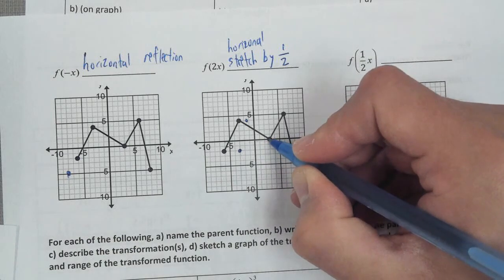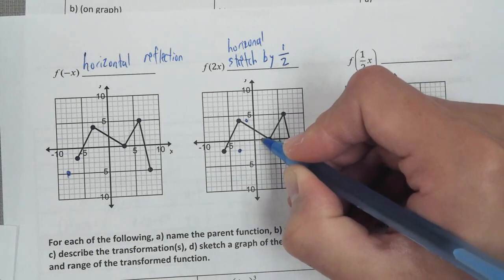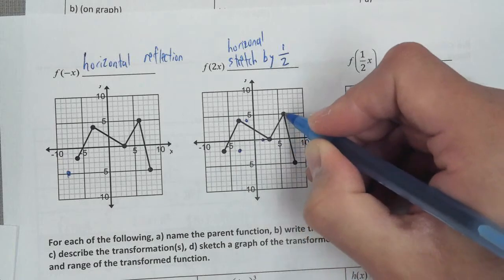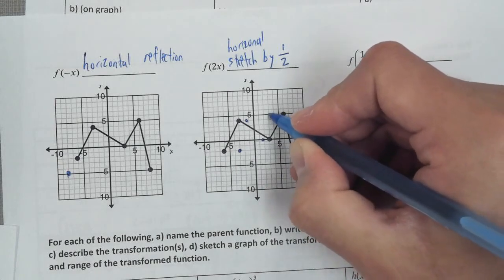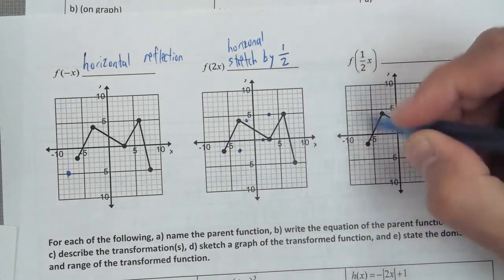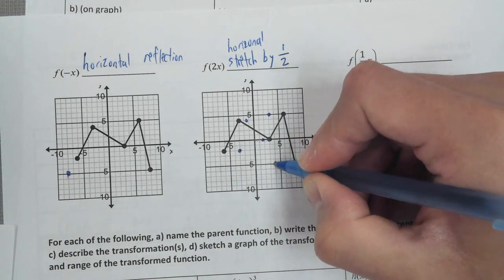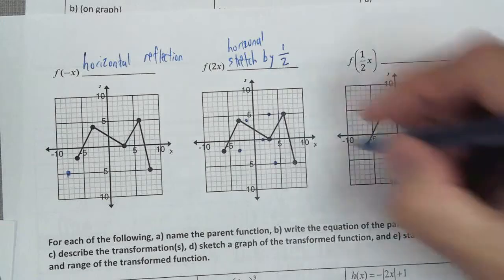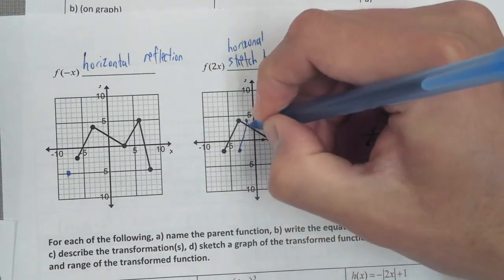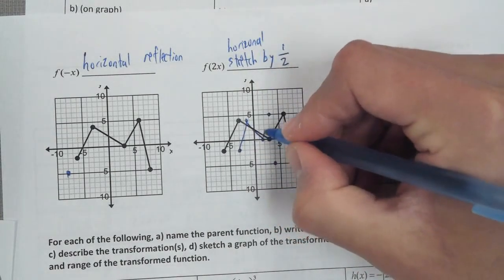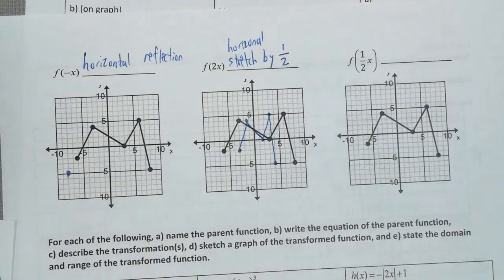My x value is 3. I'm splitting that. It's 1/2 now. We've got 6 here. Now 3, and then we've got that 8. Splitting it, keeping the same y value, and there it is. So it is now horizontally stretched by a factor of 1/2.